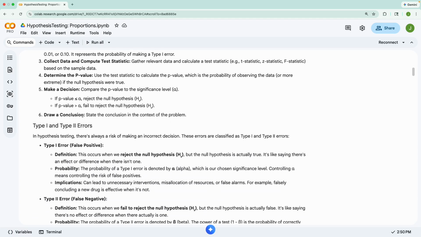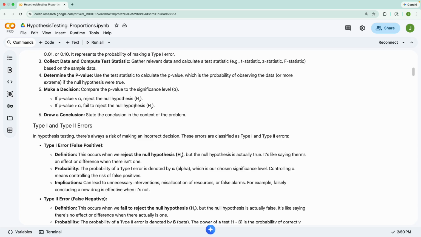Once you calculate your p-value, you're going to decide to reject the null if your p-value is less than that threshold of typically 5%, or whatever they set it as. Here it's represented as alpha. And if it's greater than alpha, you fail to reject the null hypothesis.